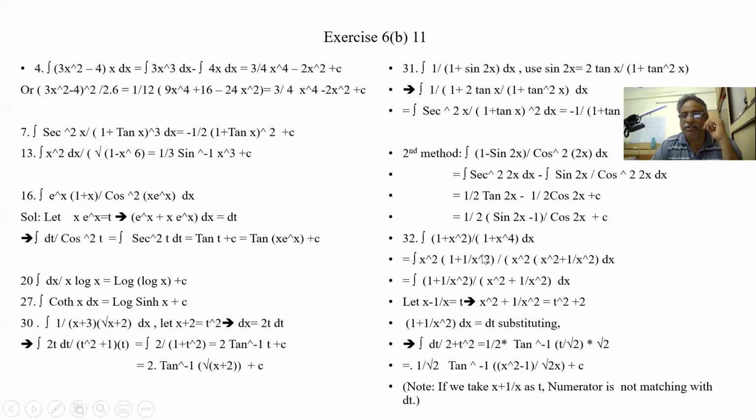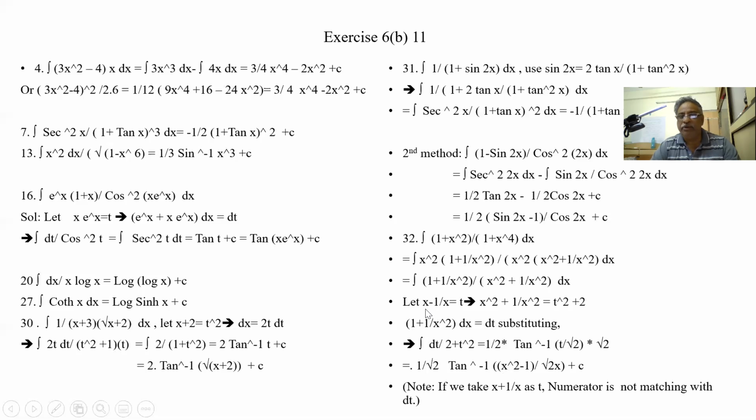So my numerator is matching with my dt. So x minus 1 by x is t, and squaring, t square is x square plus 1 by x square minus 2, so x square plus 1 by x square is t square plus 2. So this becomes dt by 2 plus t square, which is tan inverse t by root 2. So I have to substitute the value of t here.